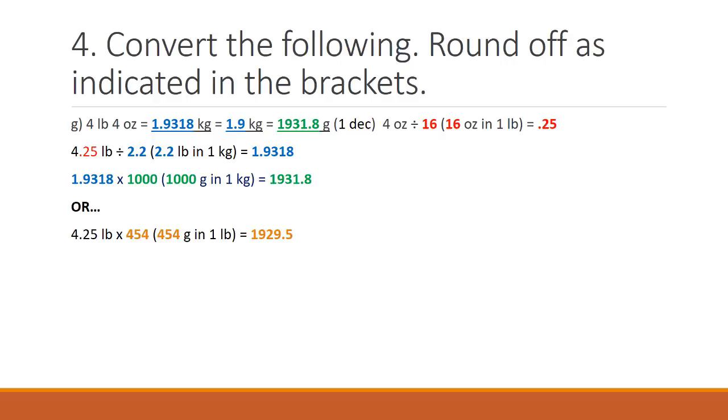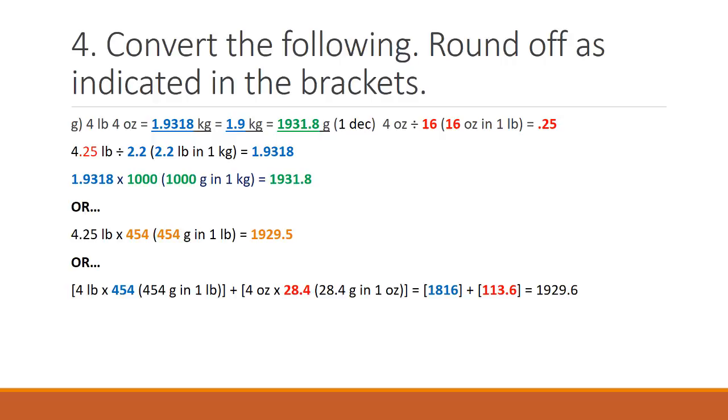I could have taken my 4.25 pounds and multiplied it by the amount of grams in a pound, which is 454. That answer would have been 1,929.5. Again, off by a little bit more than 2 grams, but because of the relationship that we used, this is indeed the correct answer. Show your logic.